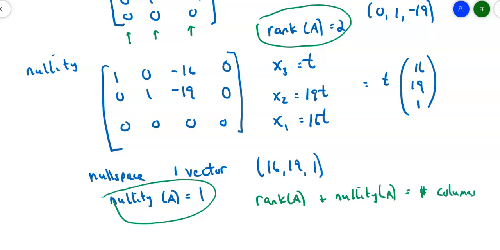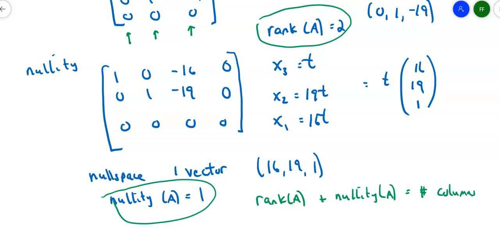Which means if I know one and I know the number of columns, I can find the other. So if I know the rank of a matrix and the number of columns, I can find the nullity just by subtracting. And you can work in the other direction too. If you know the number of columns and you know the nullity, you can subtract to find the rank.